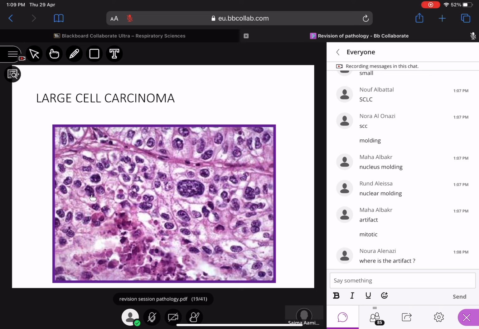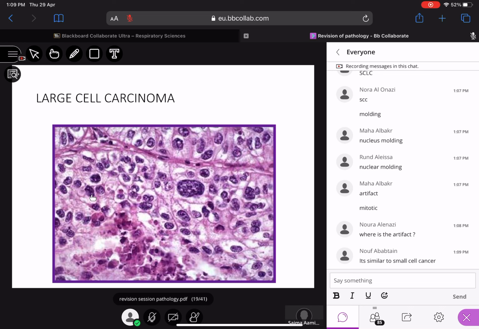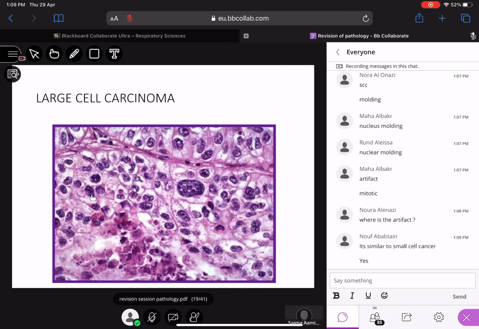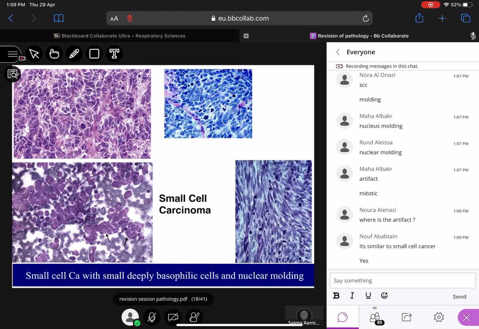Large cell doesn't show any differentiation. We know that it doesn't show any glands. If you are talking about large cell, is it similar to small cell cancer? Yes, okay. Then I have to go back to the previous slide. Look at this slide. Keep the cells in your mind. You only see the nucleus, hardly any cytoplasm can be seen in any of the images.